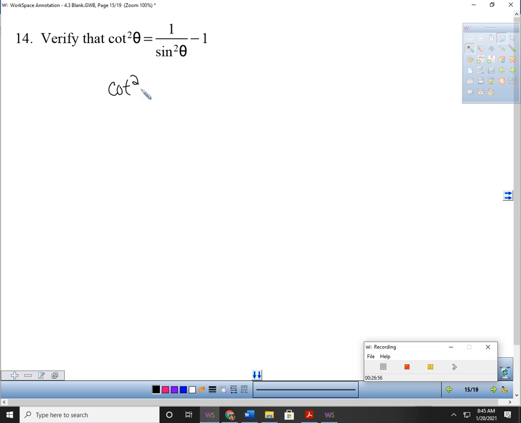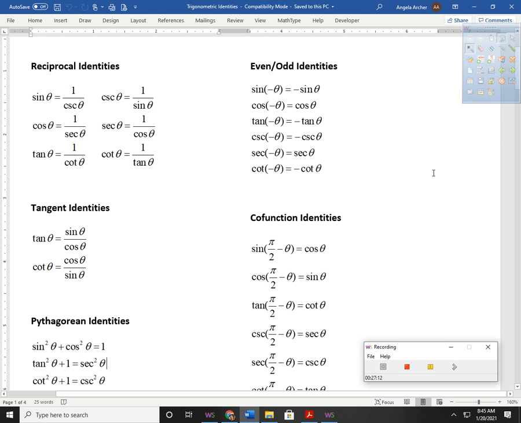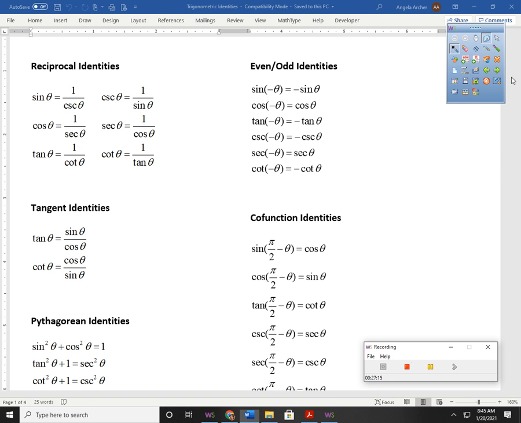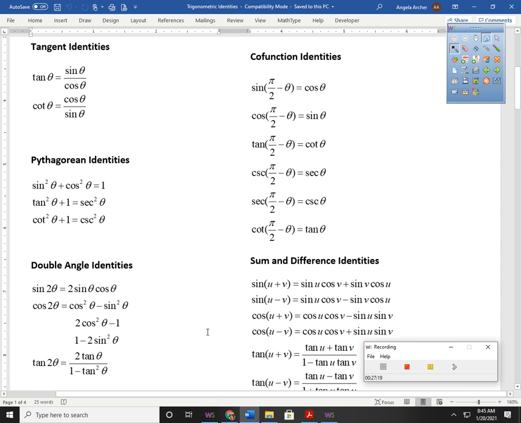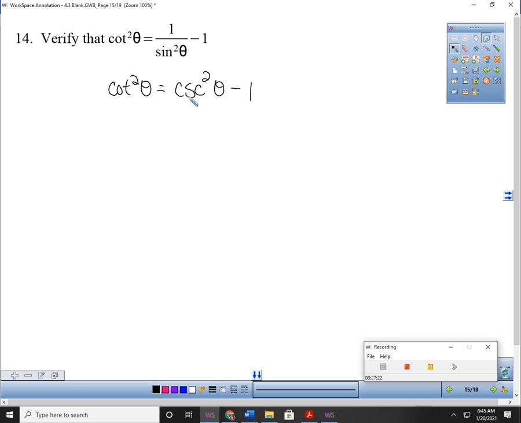So I'm not doing anything with the left side, just this side. So I'm going to replace that with cosecant squared theta. And the only reason I'm okay with doing that is because I see that I have this minus 1 right here, which means that I'm probably going to have something up here with a squared. And I know that because when you look at your Pythagorean identities, they all have 1s and squareds, right? All right, so if I'm looking at this, is there a replacement for cosecant squared minus 1?